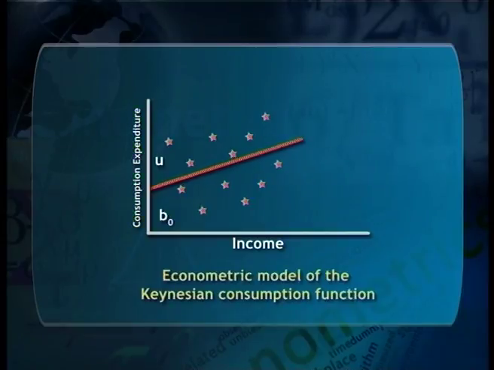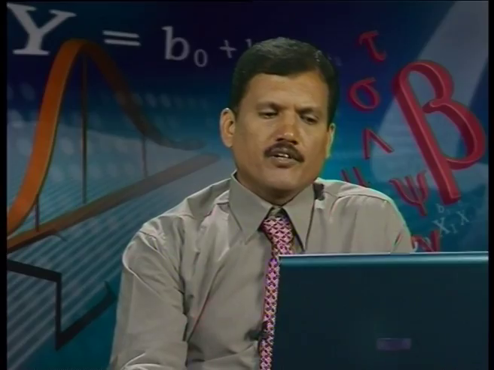If we plot the 100 families' observations, one observation may be similar or nearer to the 45 degree slope line, while some observations are far away from the line. Why is this? We have seen that these factors affect the consumption function.